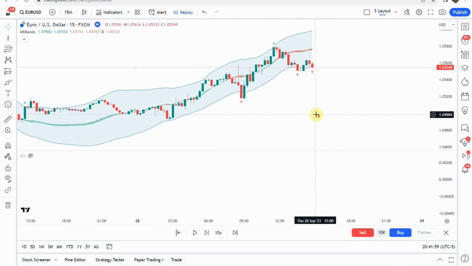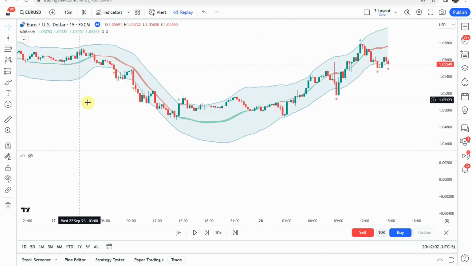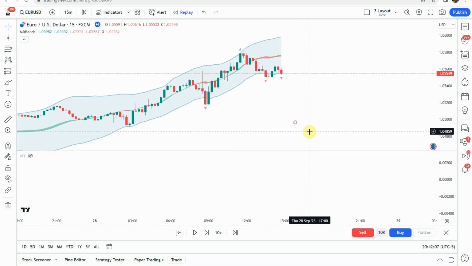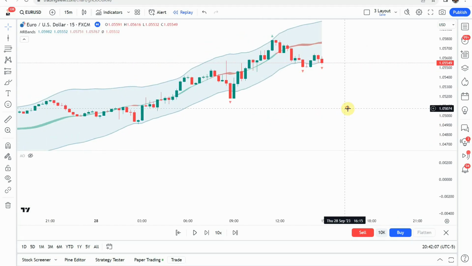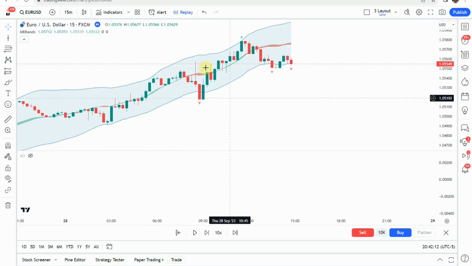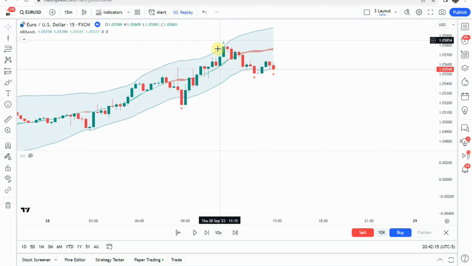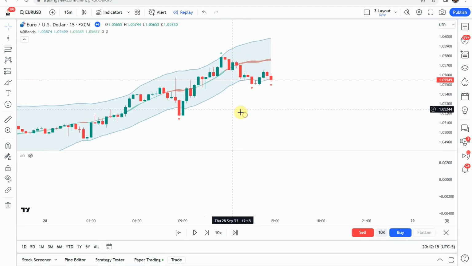So kind of similar to the Bollinger Bands, and so a little bit more advanced than just your standard Bollinger Bands, but you can see here that we have the bands, and then we have the center ribbon here, and most importantly we have these red triangles and green triangles right there.